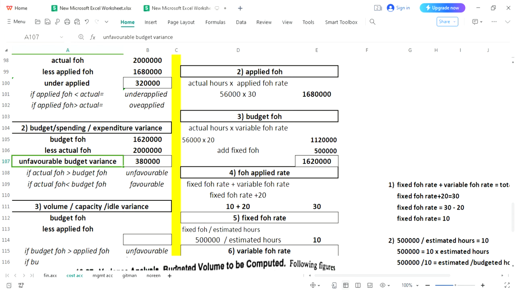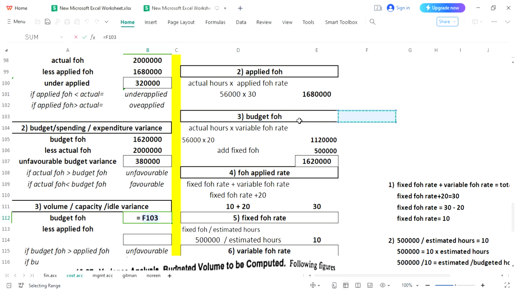So we are now at our third variance, which is capacity or volume variance. It's a relationship between budget and applied FH. So first we will see where is our budget FH. Here highlighted area, you can see we have calculated our budget variance and the total budget we are talking about, budget FH. So budget FH is 16,20,000 mentioned over here.